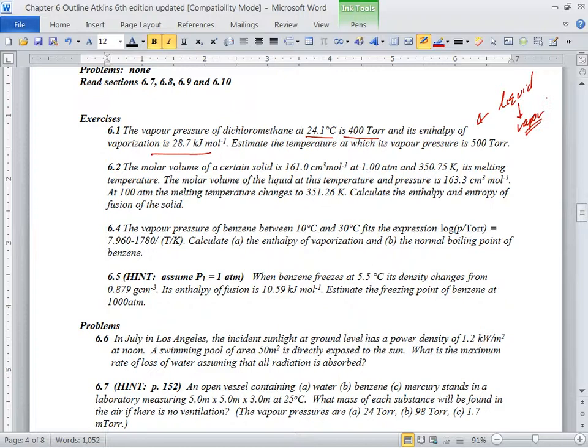So don't we have everything we need then? We'll just solve in the Clausius-Clapeyron equation. What symbol are you going to solve for? T2, exactly. I would solve for T2.